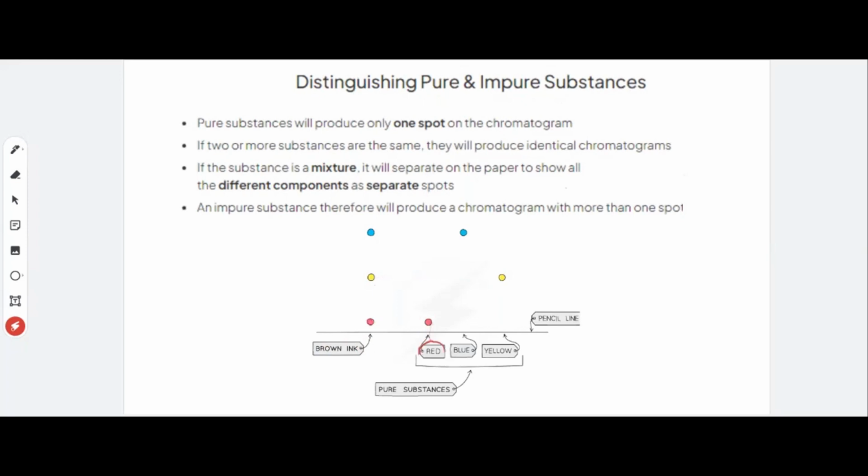Okay, fine, it's a red dye. They have separated. Then they would look out for the other solute spot and match it, and they'll say, okay, fine, it's a yellow color dye. And then they'll match the blue one with this one, and say the blue dye is also there. Are you getting it?